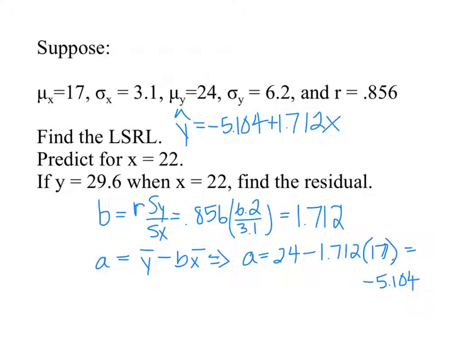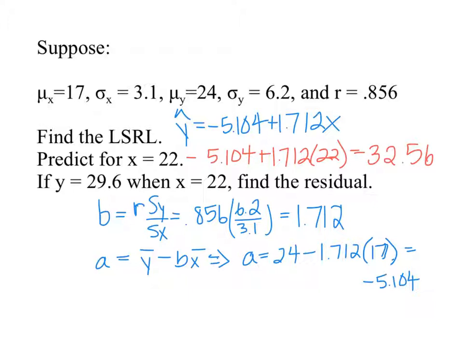Predict for when x is 22. For that, we simply plug 22 in for x: negative 5.104 plus 1.712 multiplied by 22. If I do that on my calculator, I get 32.56.